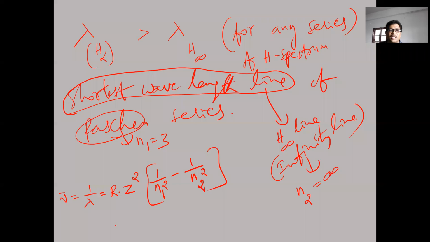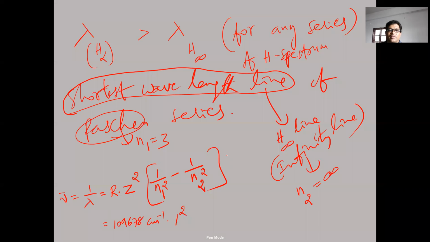Is the concept clear? Now the R value is 109,678 centimeter inverse, into Z square. For hydrogen the atomic number Z is 1, so Z square is 1 square.